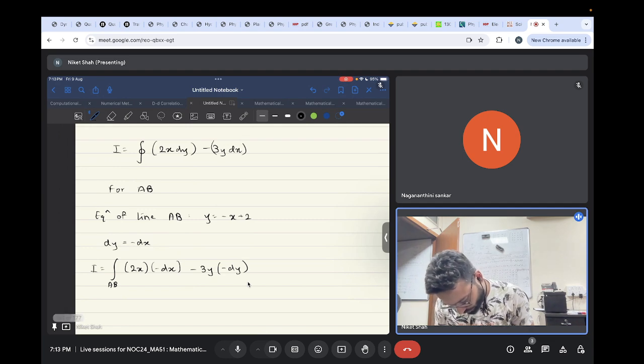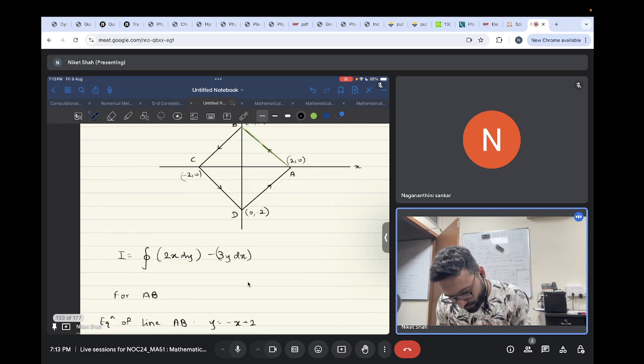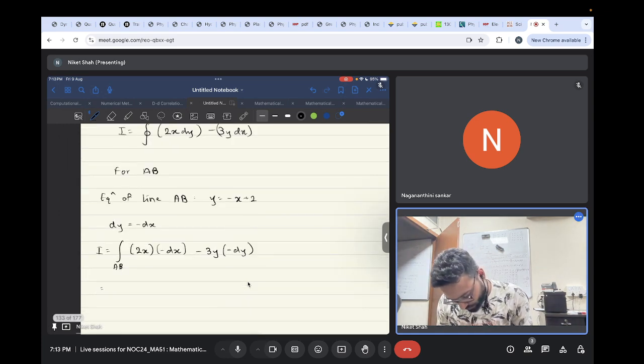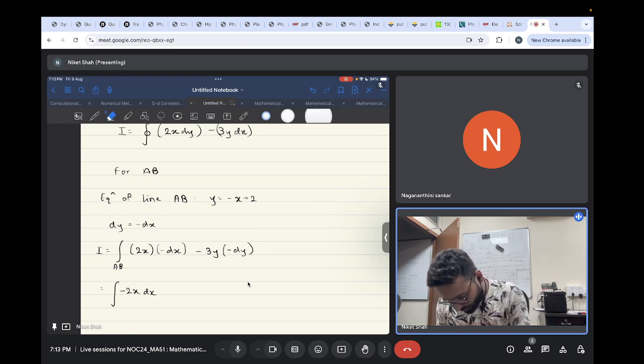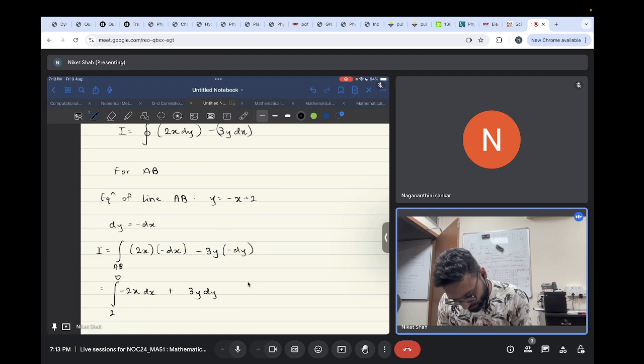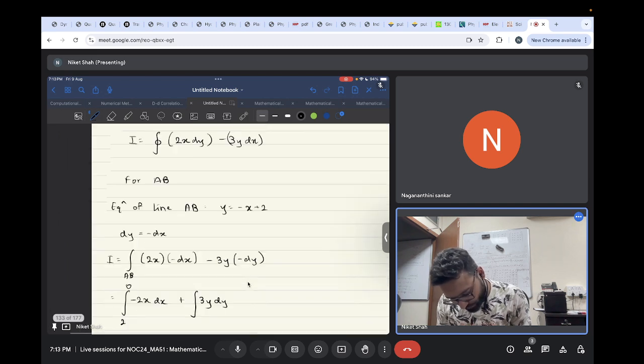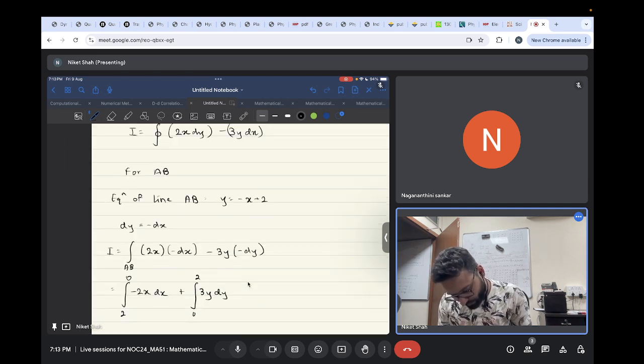So along AB, x goes from 2 to 0. So minus 2x dx, x going from 2 to 0, plus 3y dy, because minus minus becomes plus. And here y goes from 0 to 2.